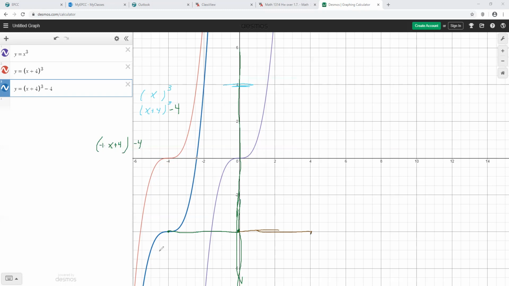And what if we pick another point? How about this one, Megan? How far away is it right now from the y-axis? Well, it's not exact, but it's a little more than negative 2. So when we reflect it, it's going to be a little more than 2, but on the other side. Yes.